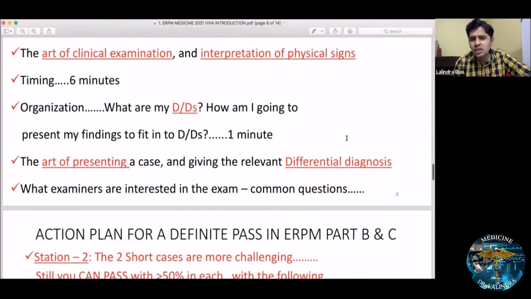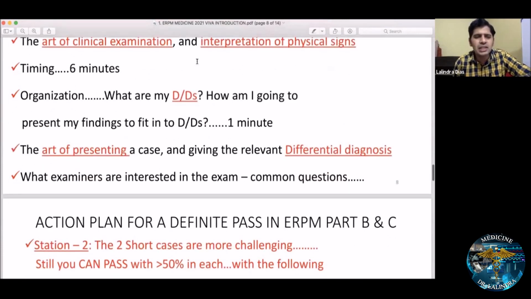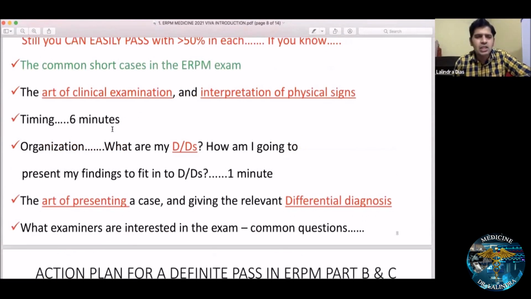What examiners are interested in the exam, the common questions you should know. So these are the things that you have to learn, guys. The art of clinical examination, that is examination technique. You need to know how to interpret physical signs in individual sample short cases. How to arrive at a differential diagnosis. How to do it in 6 minutes, that's also important. How to organize your thought process and give the differential diagnosis in the last half a minute to 1 minute.